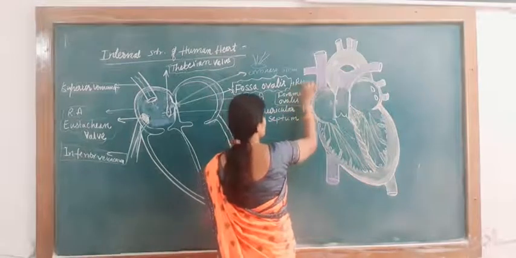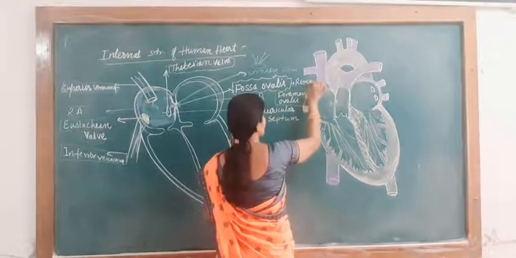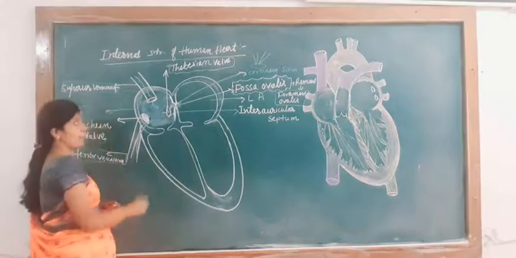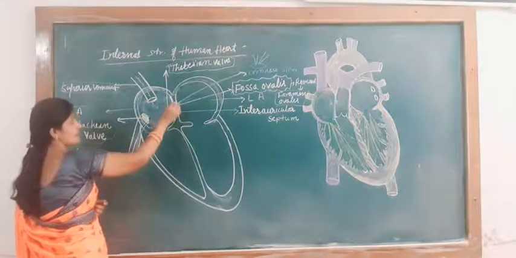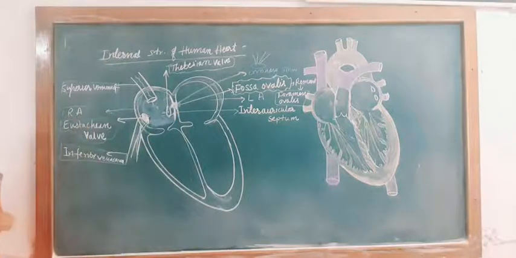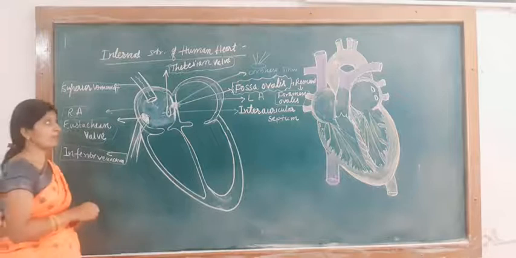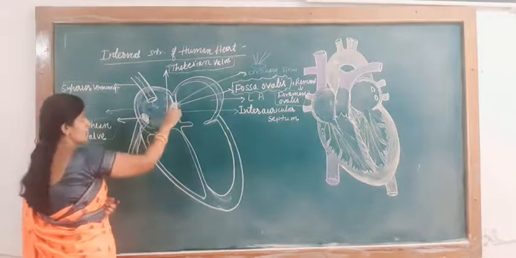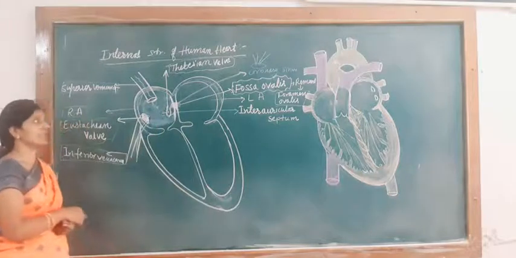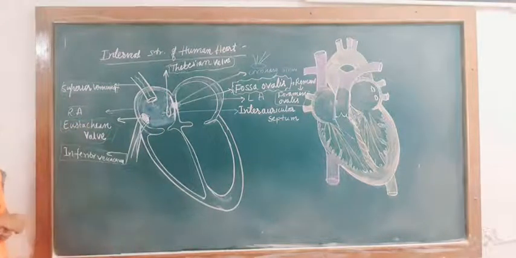The hole was present before birth, and immediately after, it gets closed, but the depression remains. That depression is called the fossa ovalis.